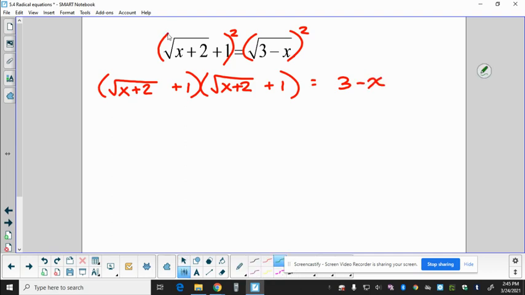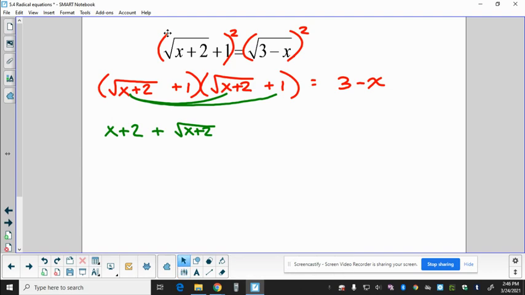Okay, we need to do a FOIL method. Are you ready? Multiply these two together. It's just x plus 2, right? Square roots cancel out. That's plus square root of x plus 2. Multiply these together.